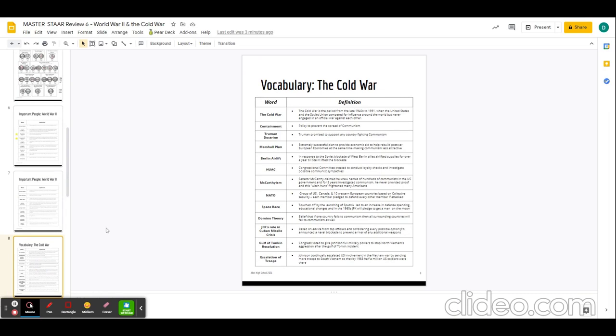All right, for the Cold War, we are going to kind of transition. Remember, the Cold War begins almost as soon as World War II ends, and it's this time of competition, conflict, high tensions between the Soviet Union and the United States. Now, there are two proxy wars.